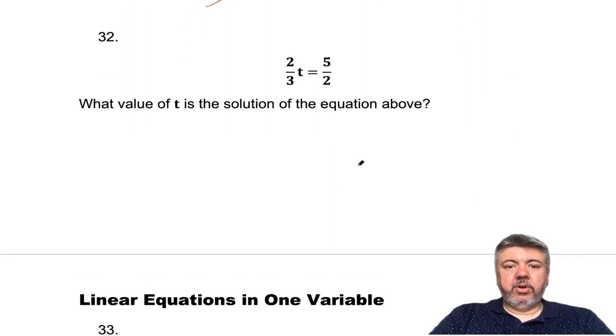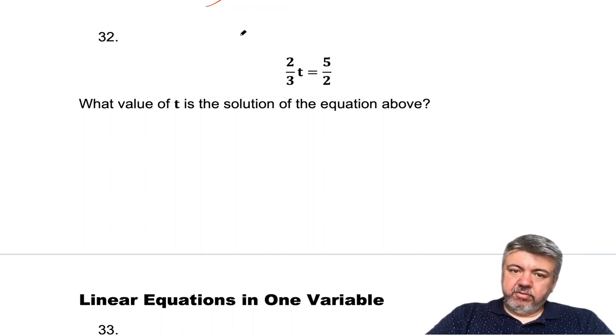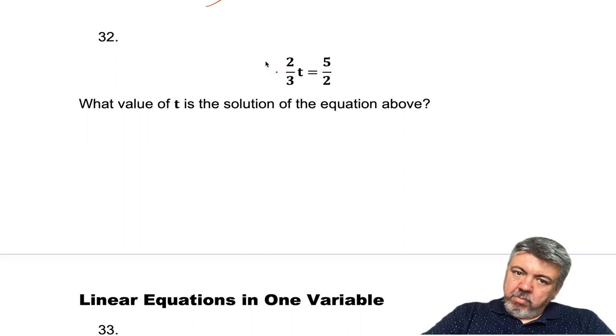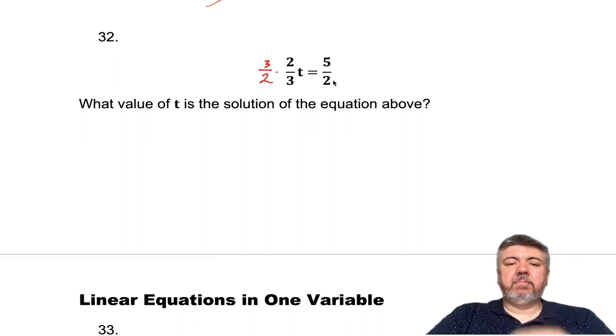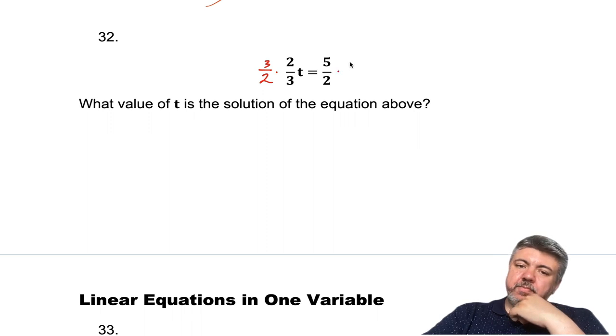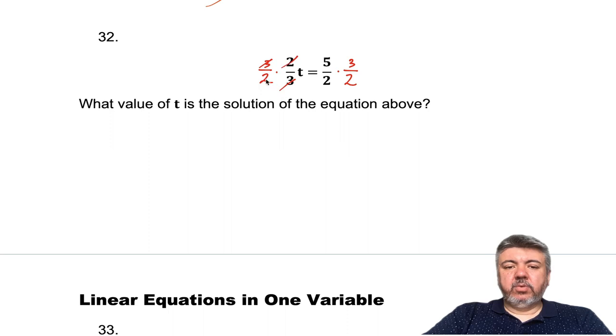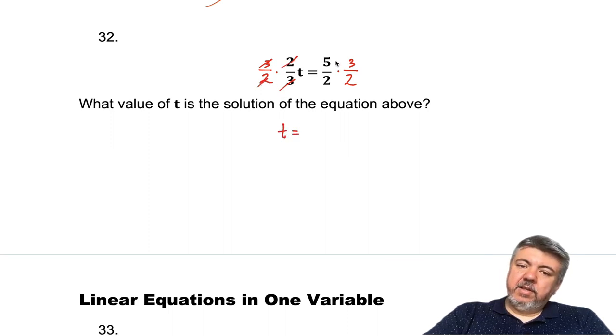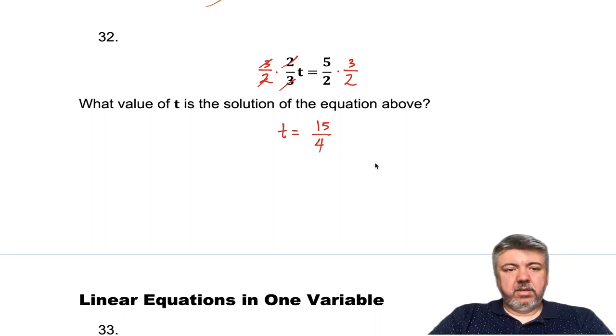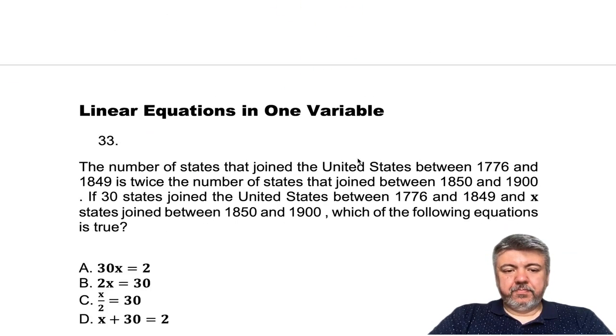Now question 32, I want t here. Let me remind you the trick. The trick is multiplying both sides, like if it's 2 over 3, by 3 over 2. The 3's cancel, the 2's cancel. T here is 15 divided by 4. That's question 32.